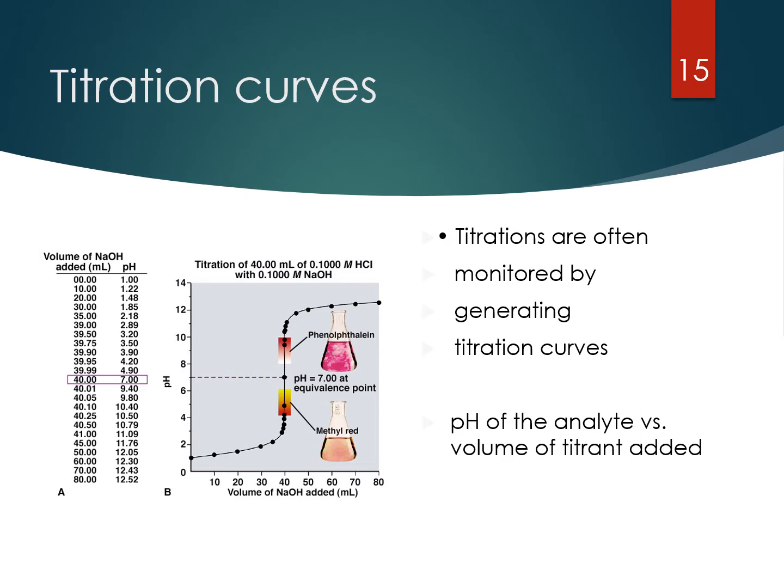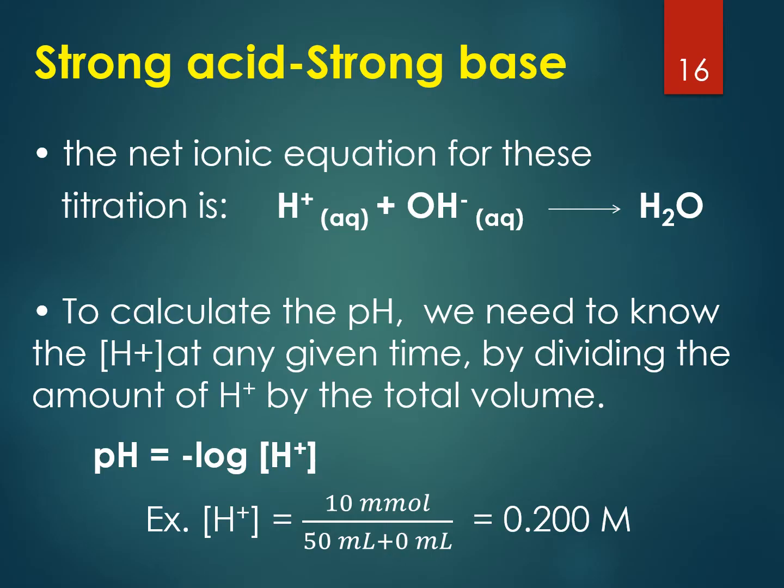When we monitor the progress of titration, we can describe it using what we call the titration curve. This is a plot simply of the pH of our analyte against the volume of the titrant that is added. Let's start with the first type, between a strong acid and a strong base.